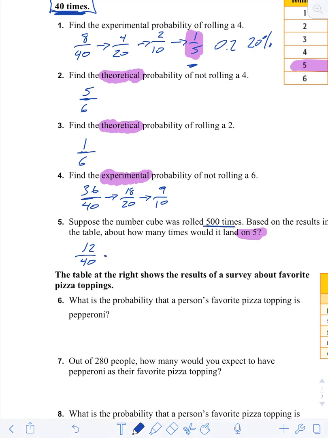In this case, 500. So I'm going to take 12/40 and multiply it by 500. 12/40 times 500. If I do that, I get an answer of 150 times.